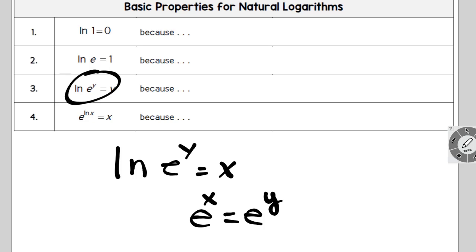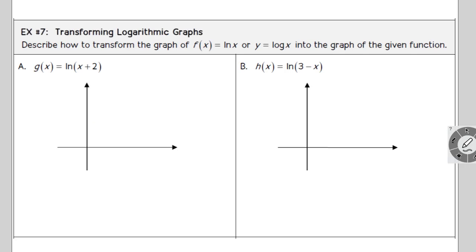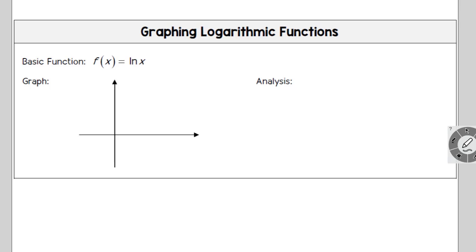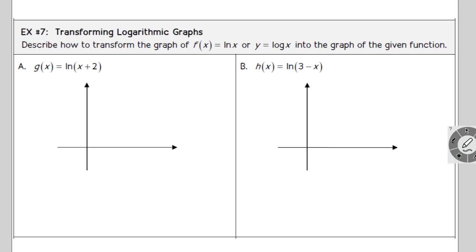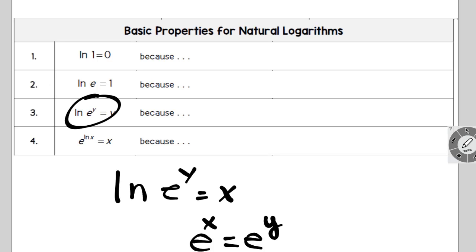All right, very good. I think we've already done the examples like this, but let's see what's next. Actually, I think we did them in the homework. All right, but let's see what we got.